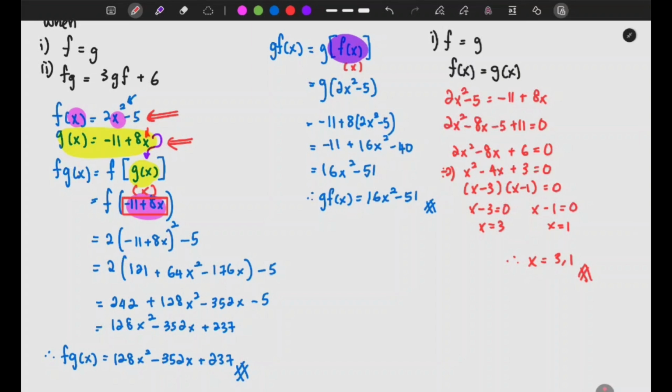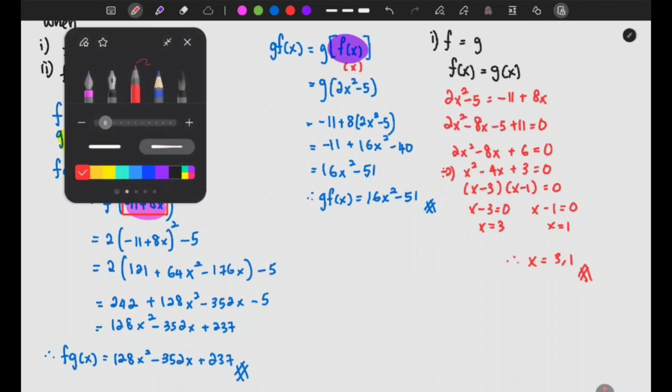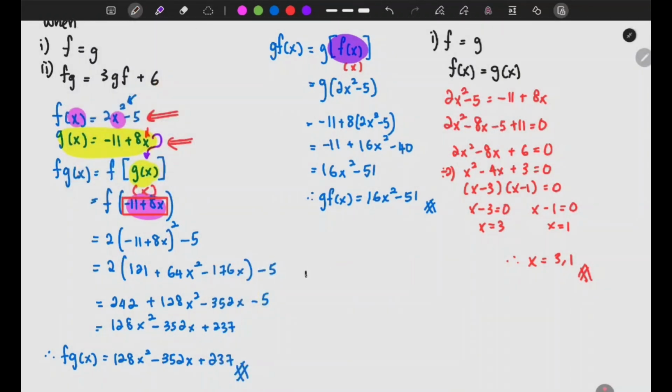fg equals 3gf plus 6. The fg means fg(x), gf means gf(x). So actually we already found the fg(x) and gf(x), right? So what is our fg(x)? This.